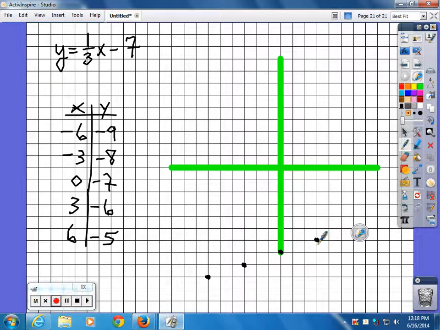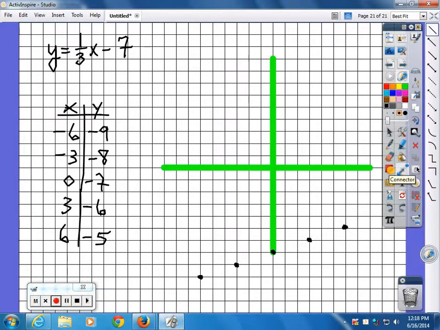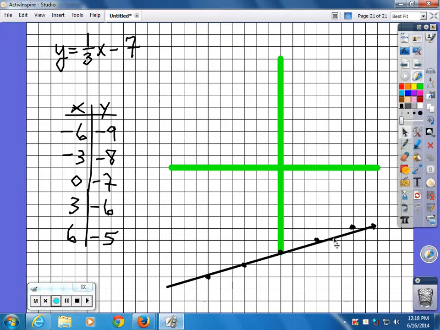And then (6, -5). Okay, so our line now... The whole point is that y'all see how to graph.